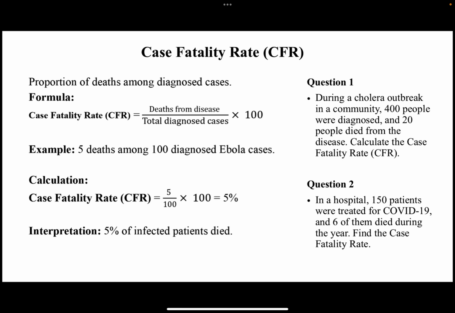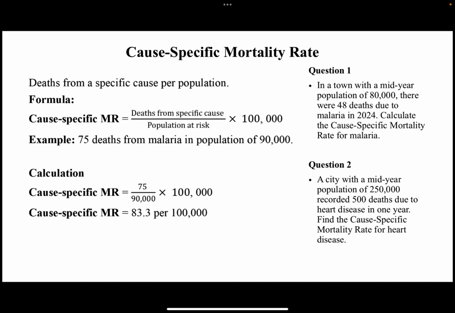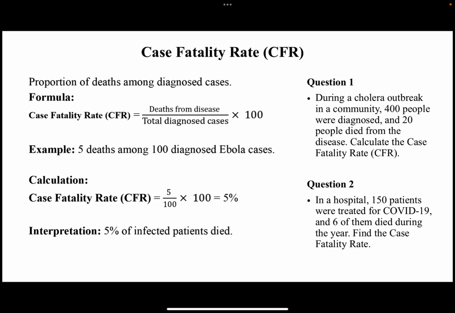Now, let's look at the case fatality rate. That is also a different thing. This one was cause-specific mortality rate, and this one is case fatality rate. In calculating case fatality rate, the difference is the denominator.